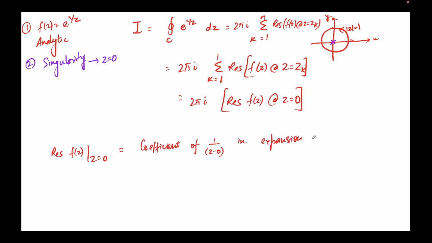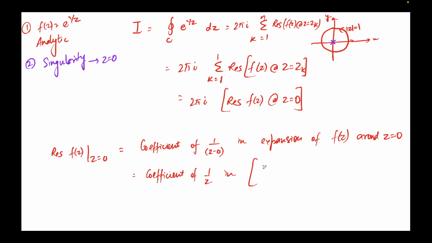So we'll expand f(z) around the point of singularity, which is z equal to 0, and then evaluate the coefficient of 1 over z. So this residue will be equal to the coefficient of 1 by z in the expansion of f(z) around z equal to 0. We know that expansion.